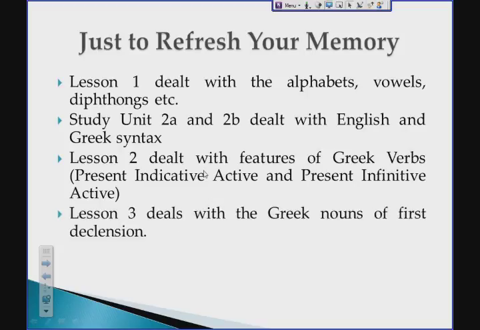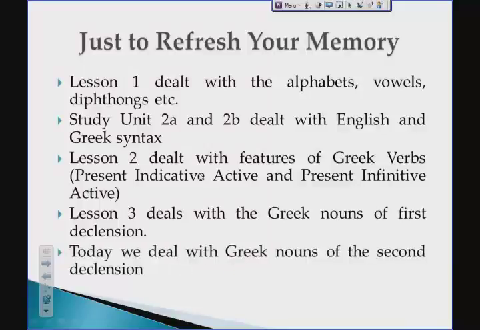And then you did lesson 3, the Greek nouns of the first declension, the feminine nouns. And then today we are doing Greek nouns of the second declension. That is the masculine nouns. And that is actually lesson 4 of Croy, that's where you are.